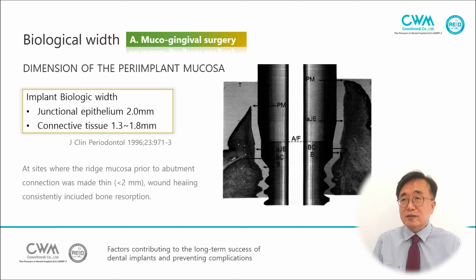This biological width is composed of junctional epithelium height of 2 millimeters and connective tissue height of 1.3 to 1.8 millimeters. Total 3.5 to 3.8. So at least we have to keep a 3.8 millimeter biological width.